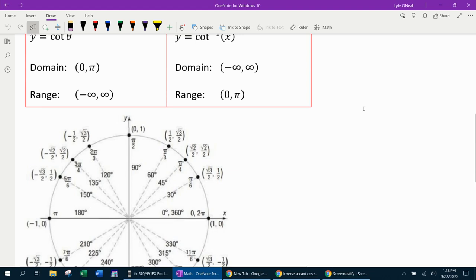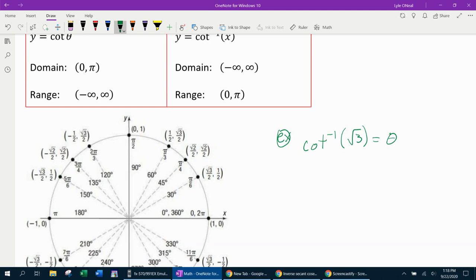The first example we're going to start with is the inverse cotangent of square root of 3. And the instructions say find the exact value of the expression. Now, in the previous video, we talked about how an inverse trig function produces an angle.